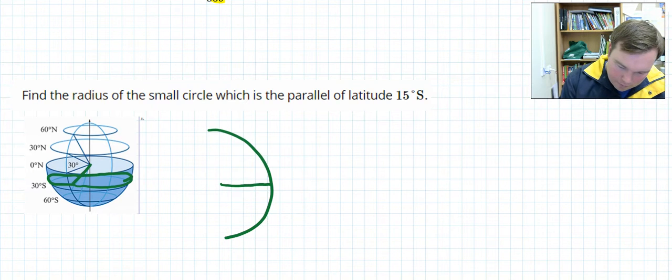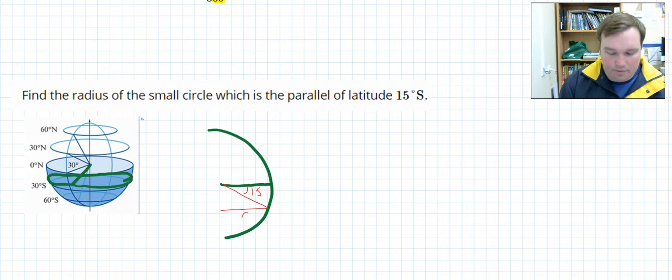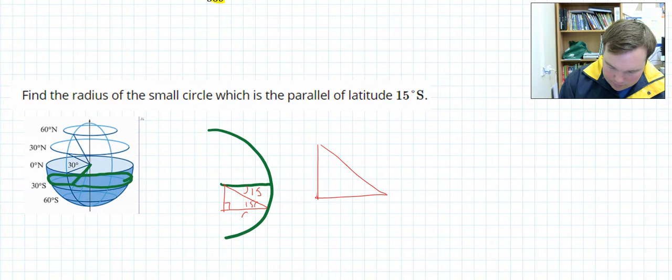That's the equator. We've gone 15 degrees south. And we now want to know what this is here. So, right angle, we know that we've got an angle here of 15. We can take out that triangle, 15. We'd like to find this. We know this is 6,400, and we know this is a right angle.